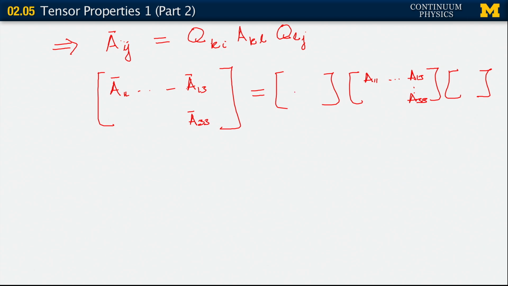And those two matrices simply turn out to be the Q transpose components, and here the Q components. So that then is the relation between the tensor components in the original basis and in the transformed basis.